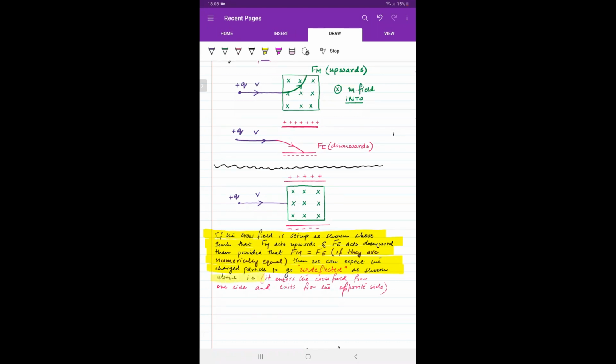That is, it enters the cross field from one side and exits from the opposite side. सही है ना? So मैं दोनों को बना के दिखा देता हूँ.